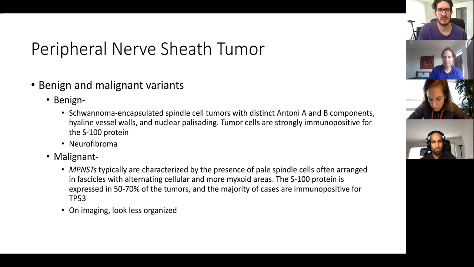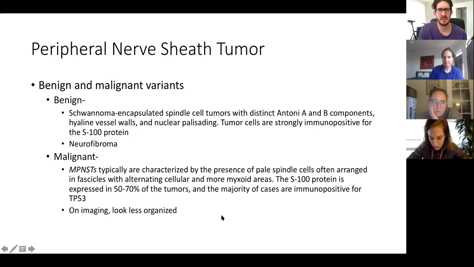Okay. Do benign peripheral nerve sheath tumors progress to malignant, or is it more just that they grow and they're different tumors? Yeah, they seem to be different tumors. Now, in someone that has neurofibromatosis, for instance, you do need to watch those closely because they have so many that statistically speaking, there's a really high chance that one of them will be malignant and behave in a malignant fashion.